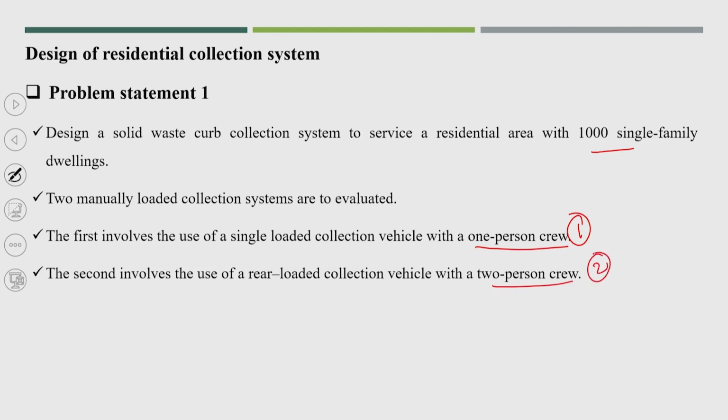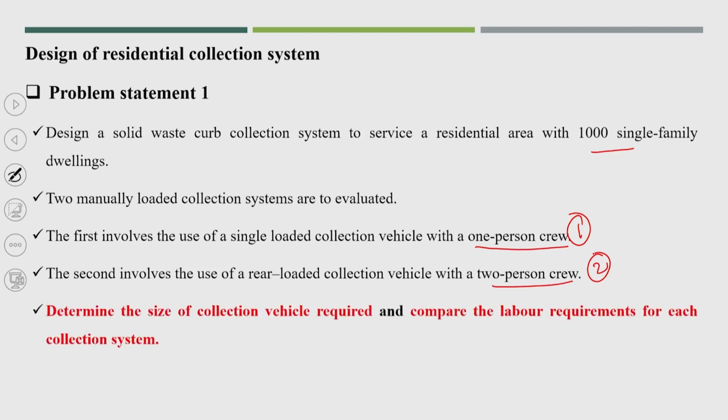We have to compare both collection systems to see which will be beneficial. We have to determine the size of collection vehicle required and compare the labor requirement for each collection system, comparing the one person crew and two person crew systems. Some data will be given in the problem.